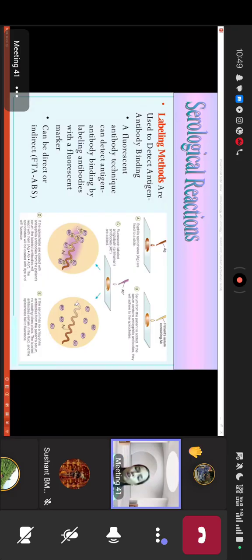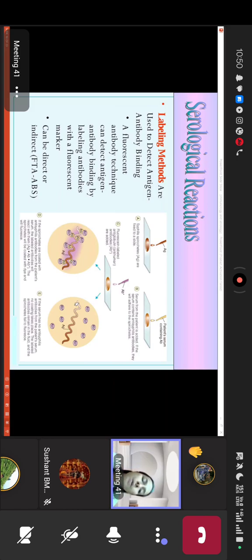As I told you in the beginning of serology, whenever an antigen and antibody react with each other, it produces a visible reaction. It may be in the form of clumps, precipitation, dye, or color, anything may happen, but a visible reaction will appear.